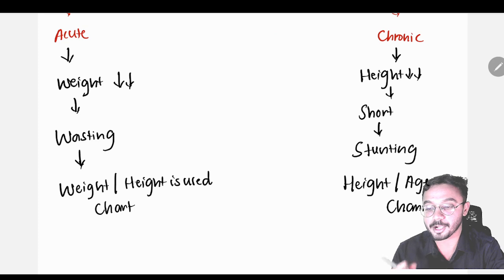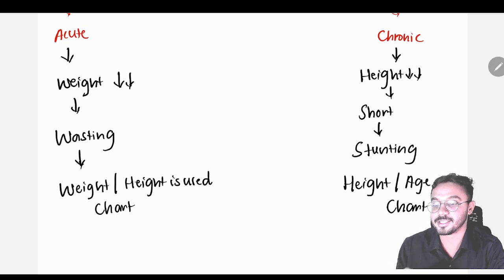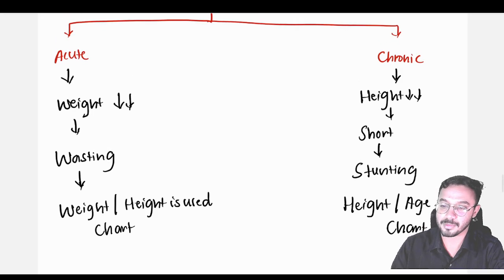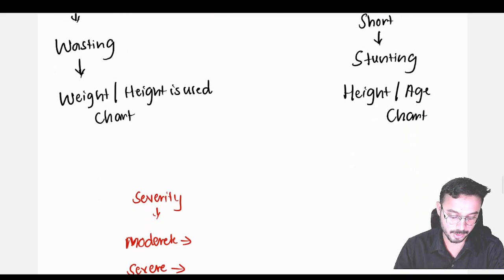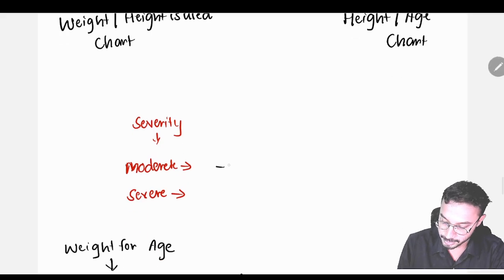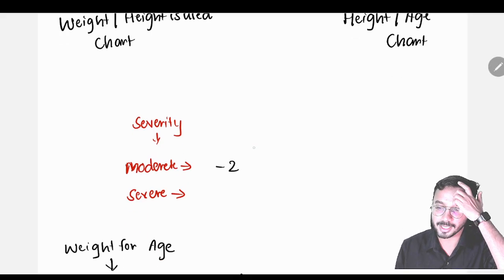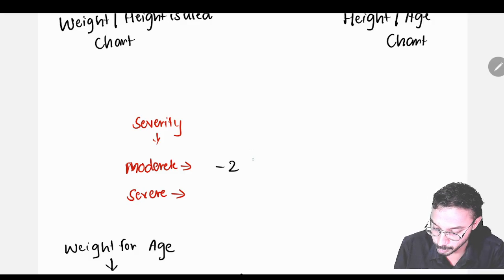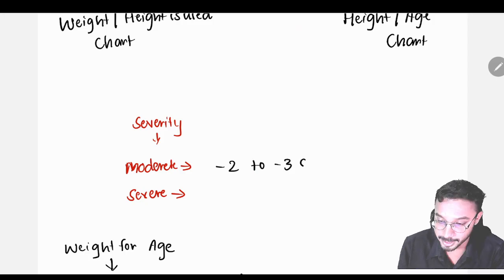Very, very important. Acute: weight for height, wasting, weight is decreased. Print it in your brain right now: acute malnutrition, chronic malnutrition, and what components are used over here. If it is moderate acute malnutrition, moderate is the term used if your value falls between -2 to -3 standard deviation.